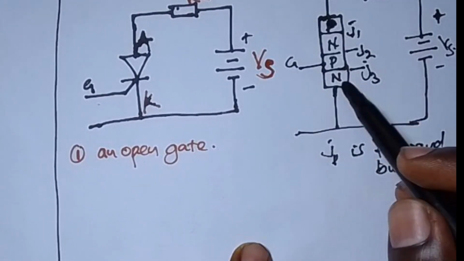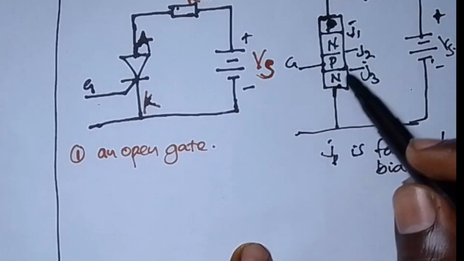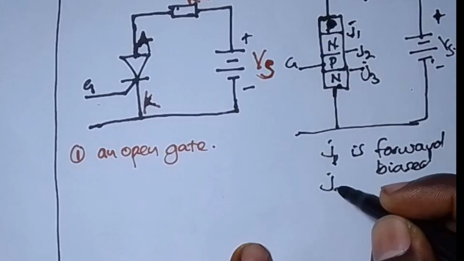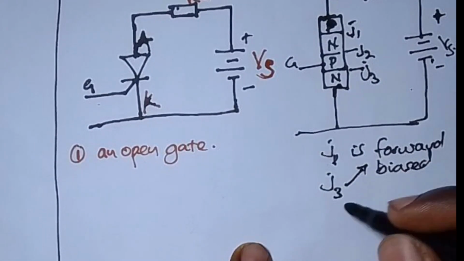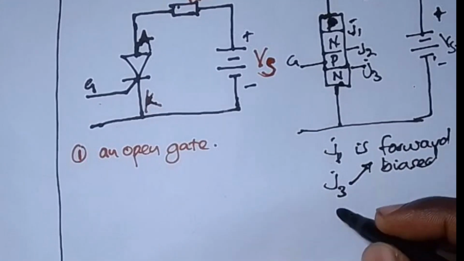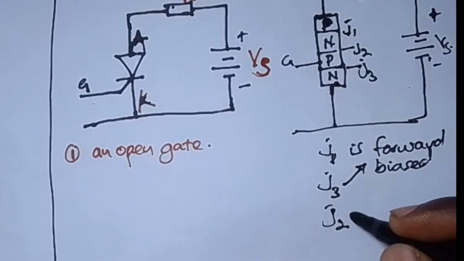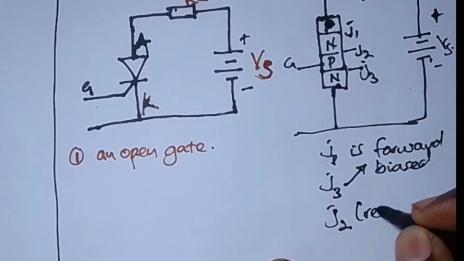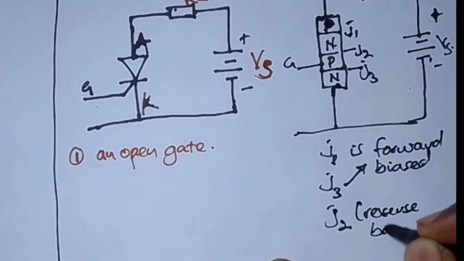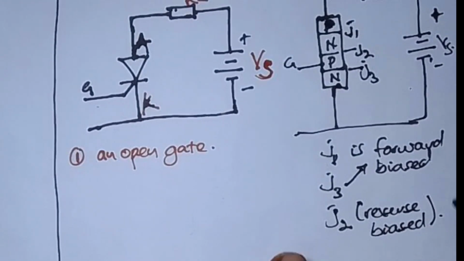If we connect the other side to the negative, that means junction J3 is also forward biased. But that leaves us with junction J2, which is always the opposite. Junction J2 will always be reverse biased. Due to this reason, the SCR will not conduct, as stated in the notes. So during this condition, the SCR will not conduct. But then what happens afterwards?